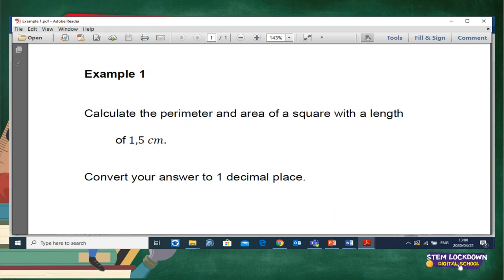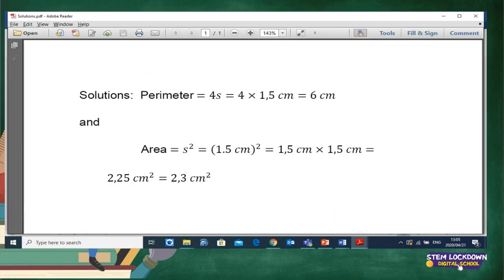And as you can see, with the solution that will follow, you'll be able to tell that the perimeter is equal to 4 sides, and that is 4 times 1,5 centimeters, which gives you 6 centimeters, as I've already indicated.